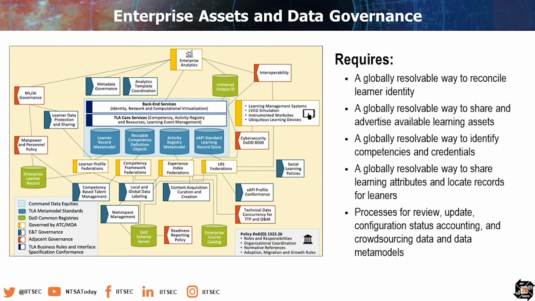And then those different elements have to interface with different governance elements. And there are adjacent segments that provide governance as well. For example, there is governance related to interoperability of systems. There is governance related to the manpower and personnel policy.